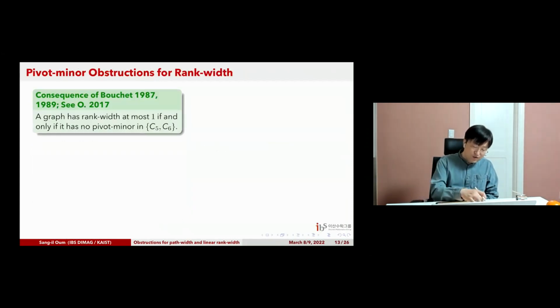So here are known things about pivot-minor obstructions for rank width. A graph has rank width at most 1 if and only if you don't have a pivot-minor in this set, in particular two graphs: C5, the cycle of rank 5, and C6, the cycle of rank 6.